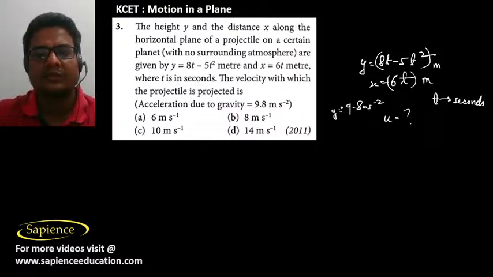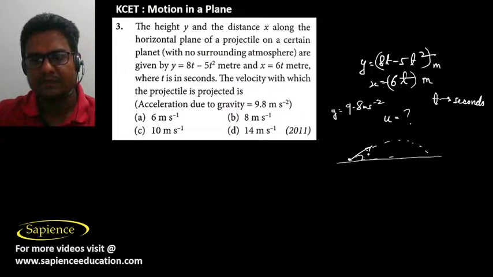So height y and the distance x. When a projectile is thrown at an angle theta, the initial velocity u can be resolved into two components, u cos theta and u sin theta.